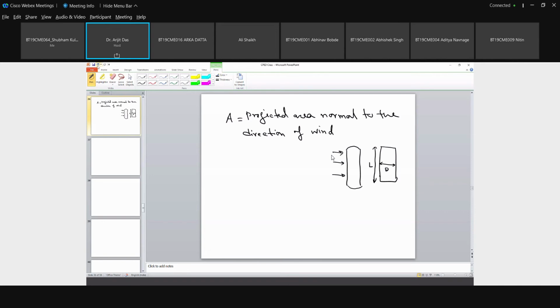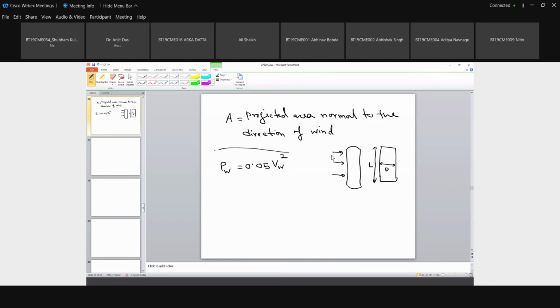Now, apart from the above equation, that is PW equals half of CD rho VW square into A, another simplified relationship for the wind load can be used, like this: 0.05 VW square.